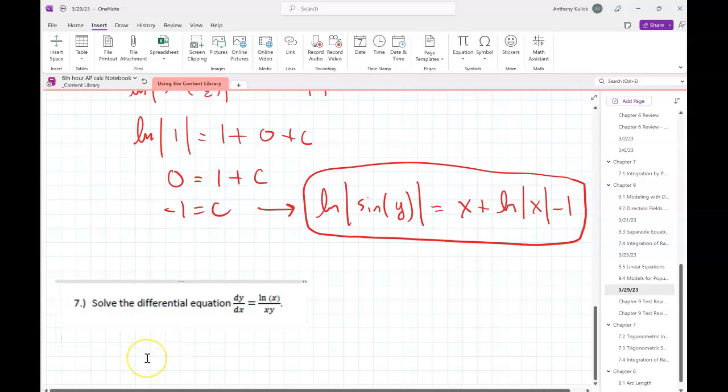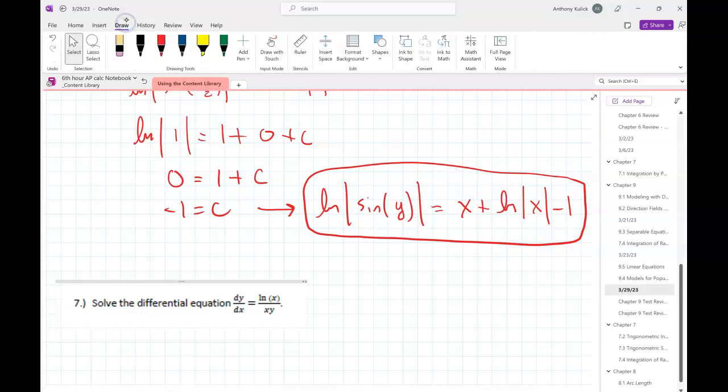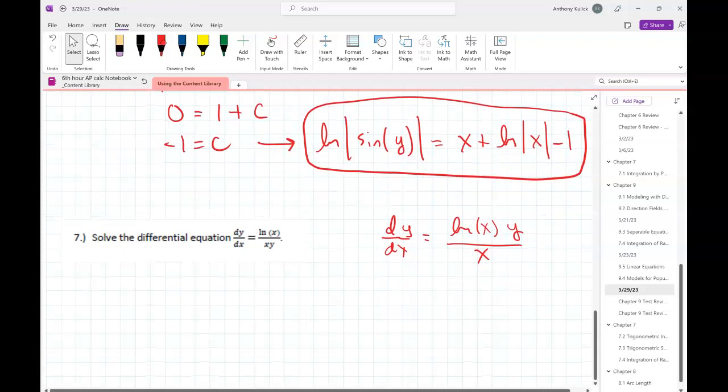So I solved this one. I wrote down this one. Let's do both of them though right now. Sound good?